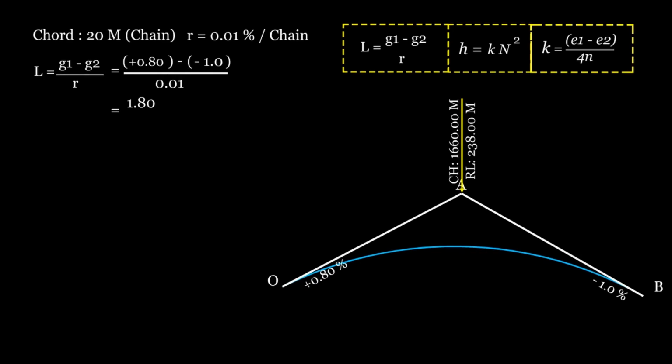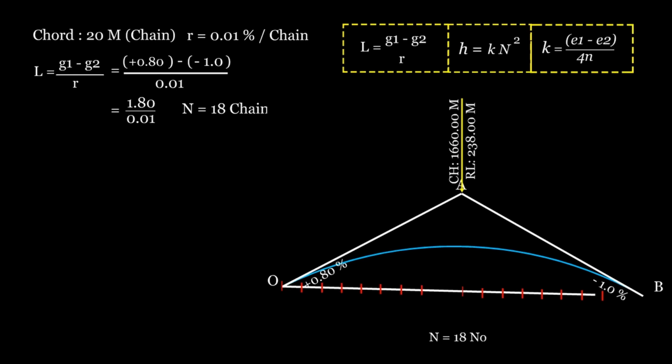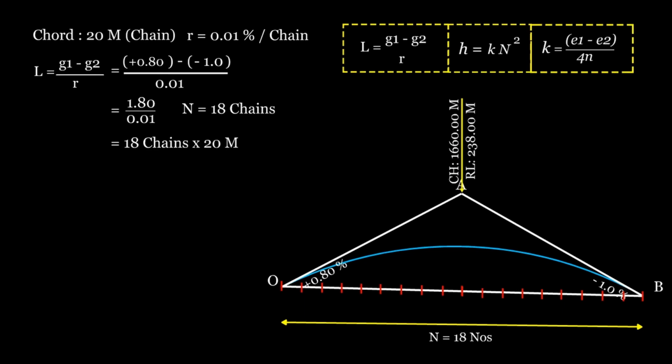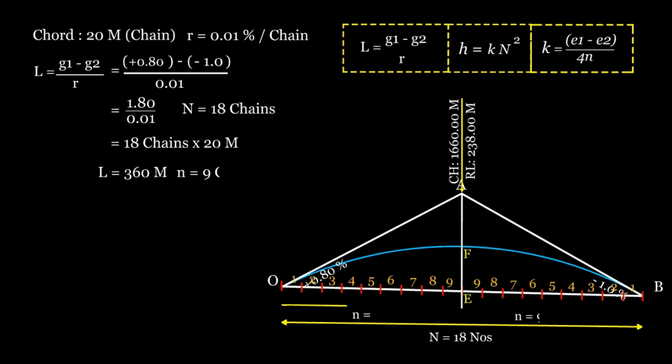Thus, L equals 1.80 divided by 0.1, which equals 18 chains. Since each chain is 20 meters, the total length of the curve is 18 chains times 20 meters, equals 360 meters. The length of the curve on either side of the apex is 9 chains. Thus, n equals 9 chains or 180 meters.